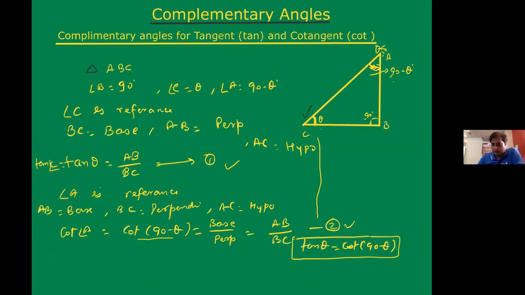Here, if I take tan 90 minus theta, it will be perpendicular by base, which is again BC by AB. So both are the same, and we can say tan 90 minus theta equals cot theta.